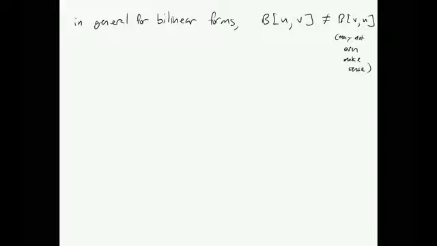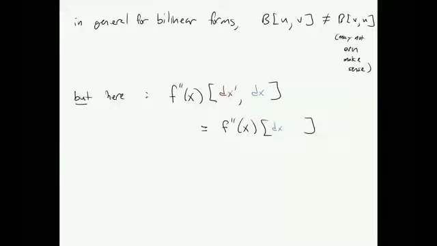So here, it turns out that f double primed at x, the point at which you're evaluating the second derivative, of dx prime, comma, dx, always equals f double primed of x, dx, comma, dx prime. And so this is what's called a symmetric bilinear form.